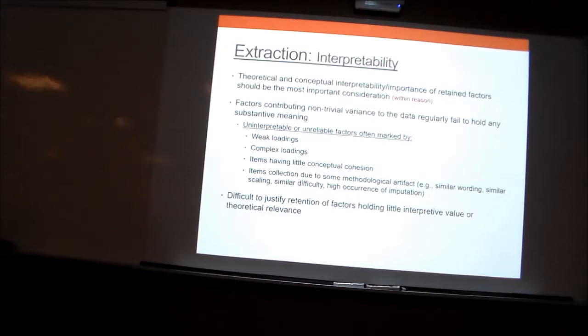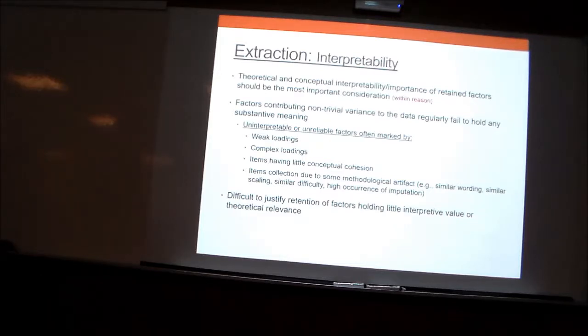We extract that 4th factor, and it doesn't have any items that clearly load on it and not on other things. This 4th factor is completely made up of items with complex loadings. It's got a loading of 0.5 on the 4th factor, but 0.4 on every other one. I don't have a good conceptualization of what that is.